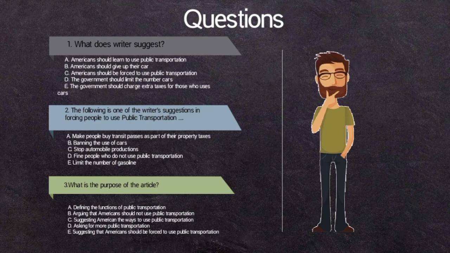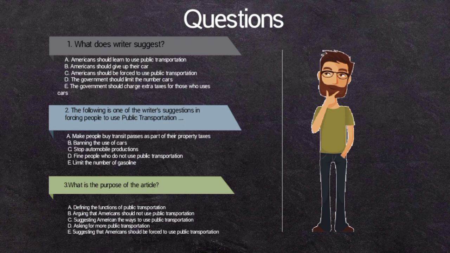C. Stop automobile production. D. Fine people who do not use public transportation. E. Limit the amount of gasoline. Answer: A. Make people buy transit passes as part of their property tax.